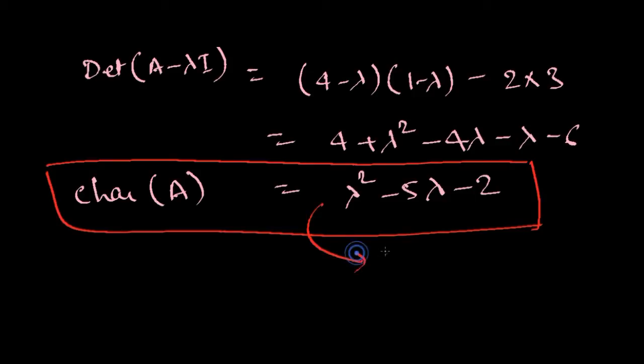P of lambda is equal to lambda square minus 5 lambda minus 2.